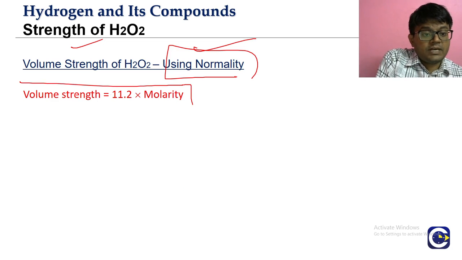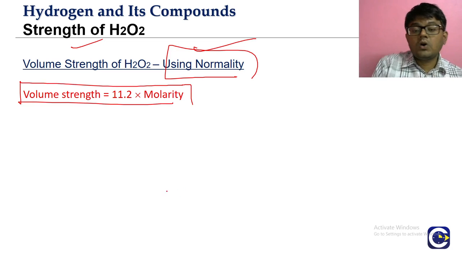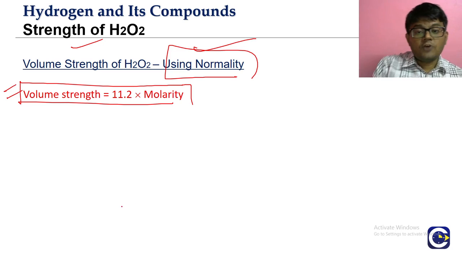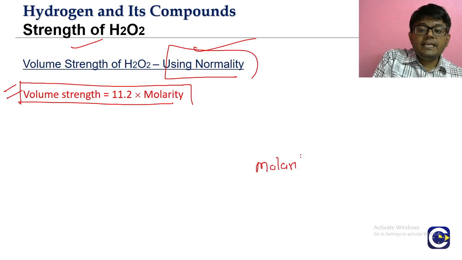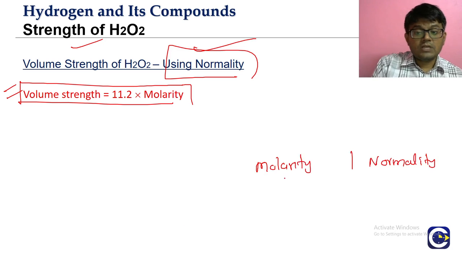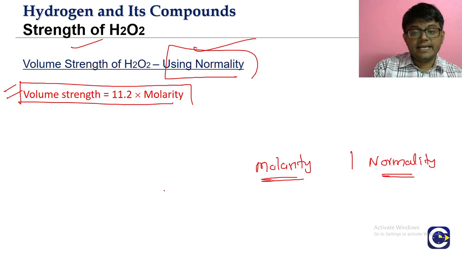Already we have a formula: volume strength is equal to 11.2 into molarity. We are going to do that conversion by using this particular formula. You know why? Because molarity and normality, they both are related. How will they be related?